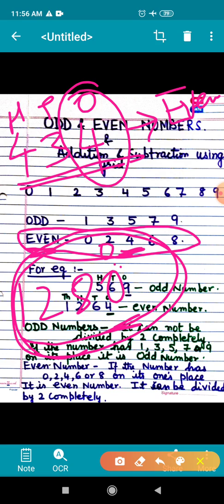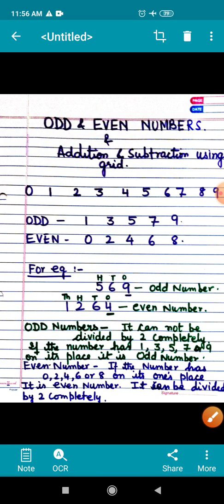Now let us revise how we can do addition and subtraction using the grid.